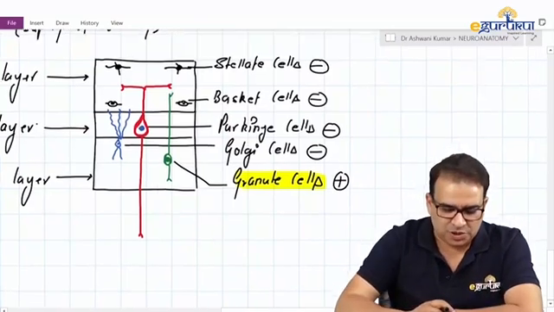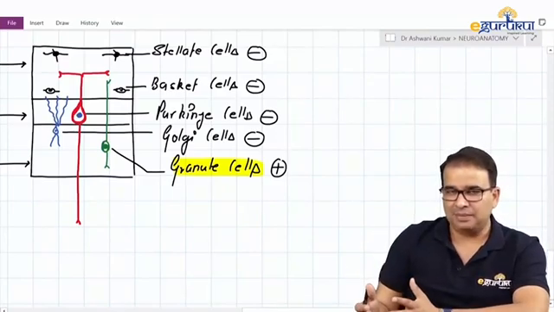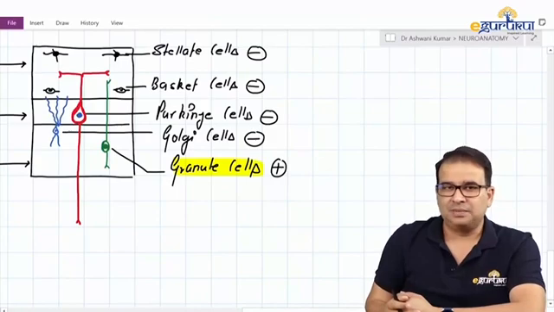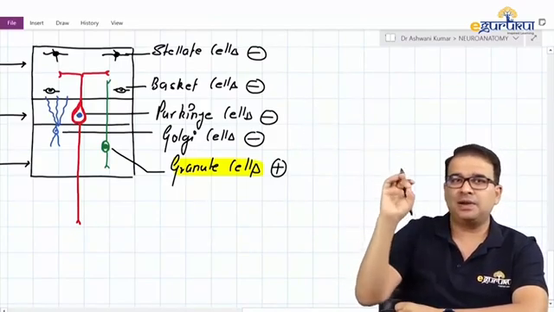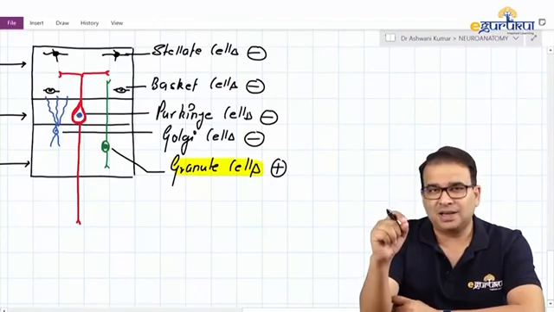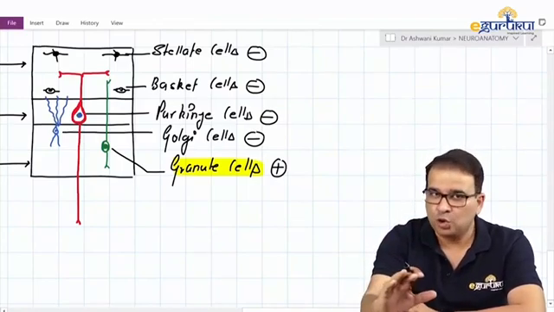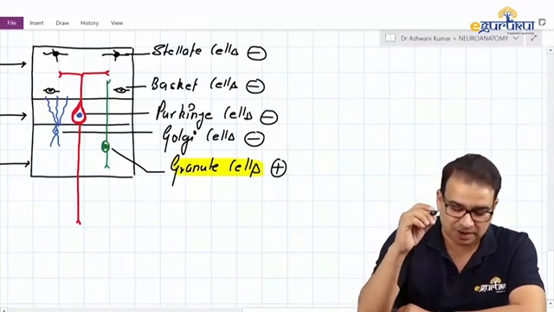So one thing which we can depict from here is that we have total 5 cells in the gray matter, constituting the entire gray matter of the cerebellum, and out of which 4 cells are inhibitory, which tells me that cerebellar cortex is the largest collection of inhibitory neurons in the entire central nervous system. Nowhere else you will see that many inhibitory neurons at one place in the gray matter.